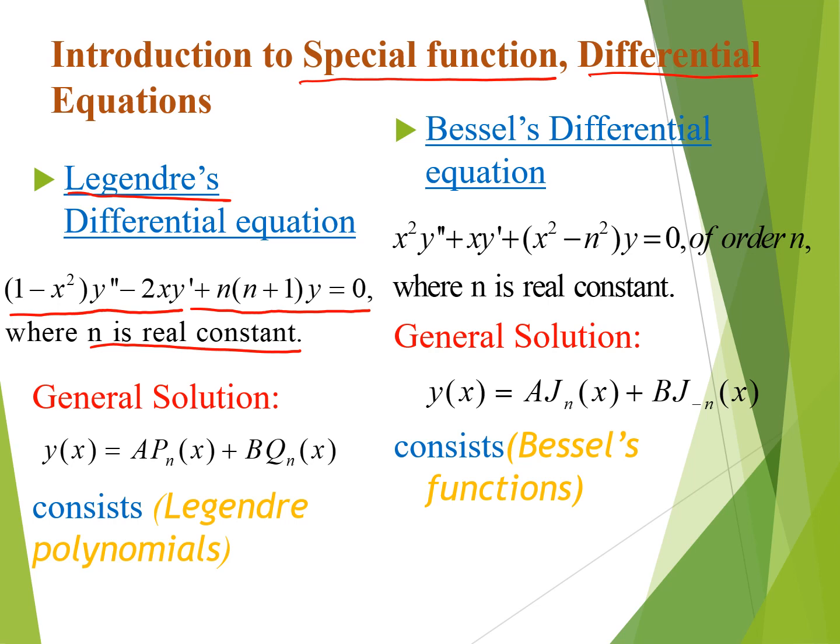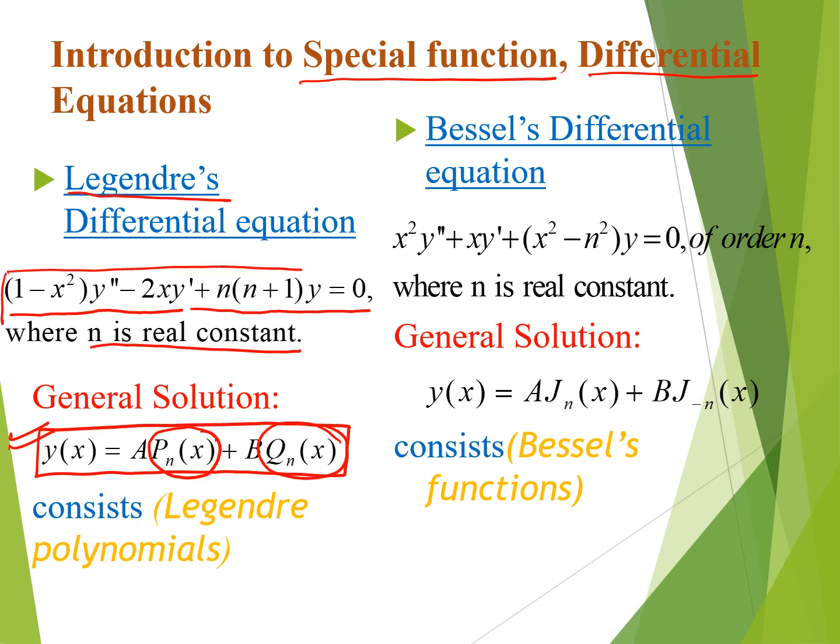This is called the Legendre differential equation, and its solution is y is equal to a Pn(x) plus b Qn(x), where Pn(x) is a Legendre function. We obtain this solution by using the assumed series solution for this differential equation, which we have studied in the previous lecture.